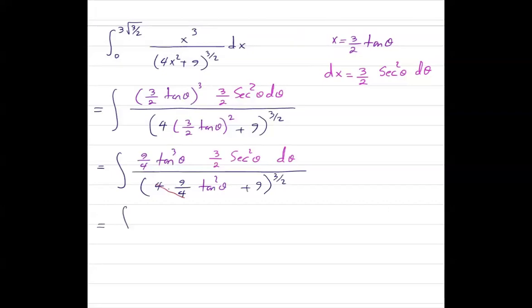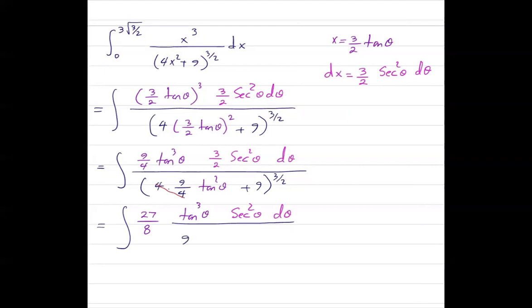This guy in turn can be written as the integral of, if you do the multiplication, 27/8 of tangent to the third of theta times secant squared of theta d theta divided by, now inside parentheses, you can factor out 9.